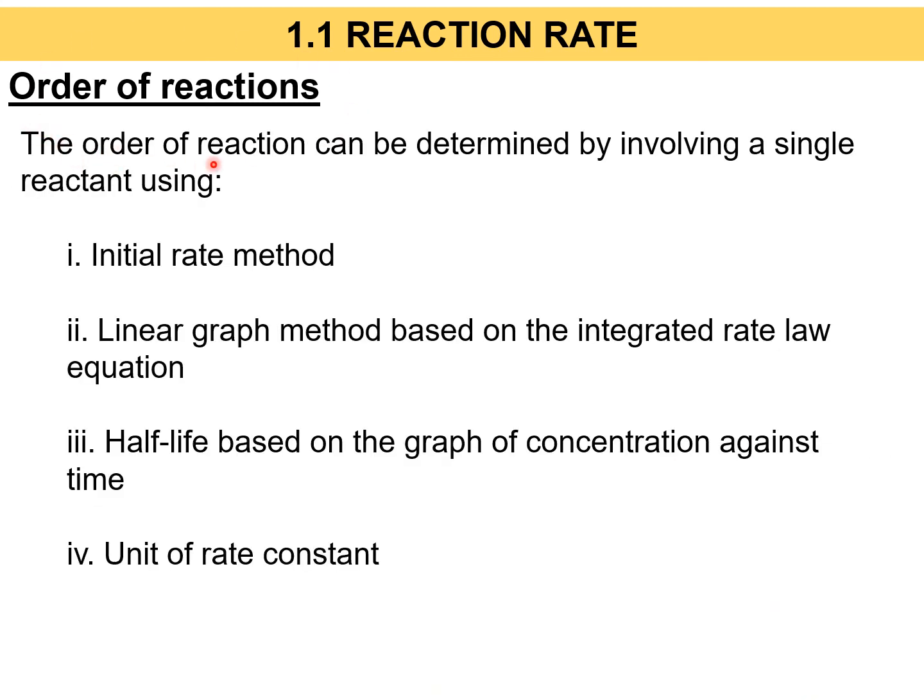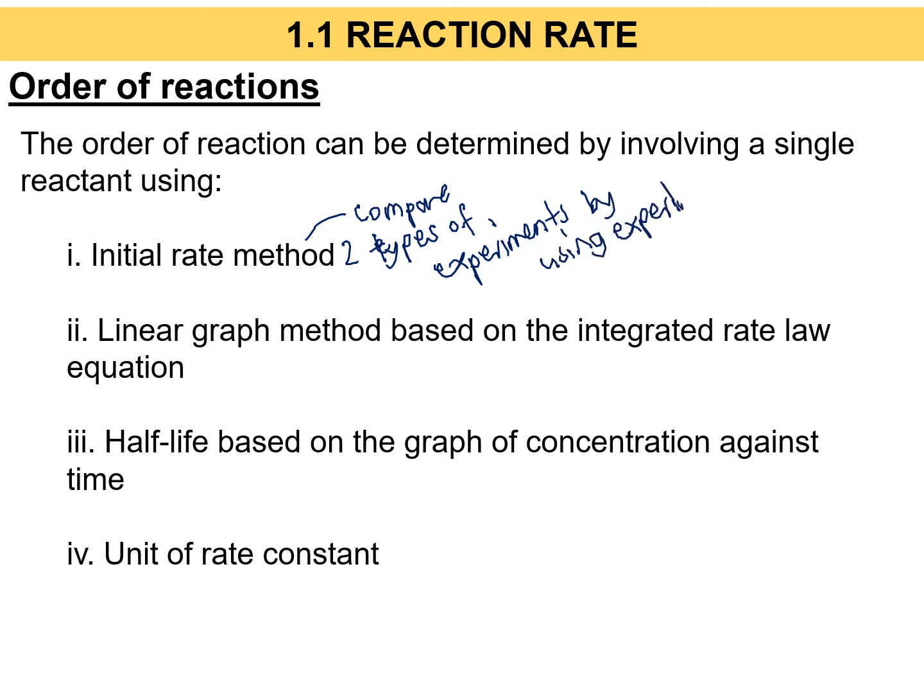Okay, so order of reactions ni is something yang you kena cari, and it can be determined by using several methods, such as initial rate method. Ingat lagi tak initial rate method yang Miss dah terangkan before this? Initial rate method ni, kalau kamu tak ingat, is a method yang bila kita compare dua jenis eksperimen, two types of experiments, by using experimental data.